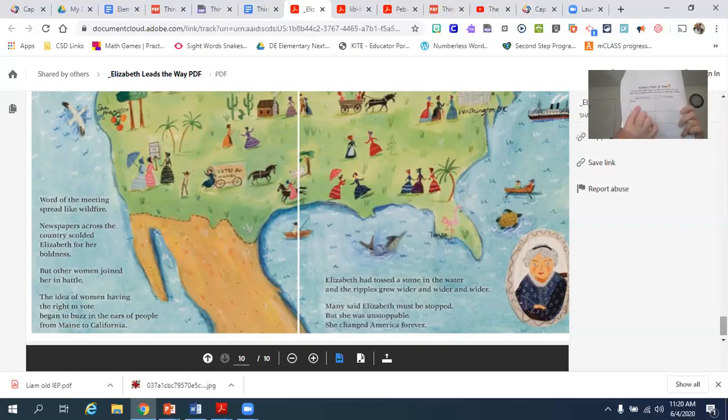For example, if I say the author's point of view about the event in the beginning is that women could not vote and it was unfair, my text evidence could be a fact about how Elizabeth and her dad were having a discussion about women's rights and voting, and that she was mad. That's your text evidence that supports the author's opinion. You're going to do that for the beginning, the middle, and one for the end.